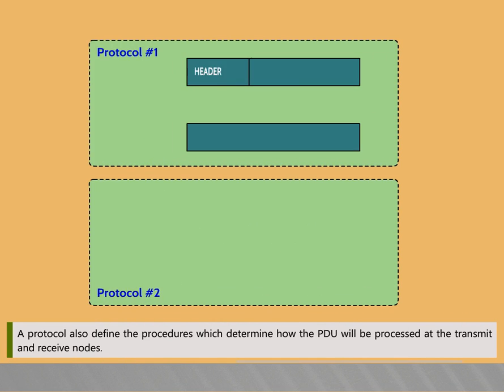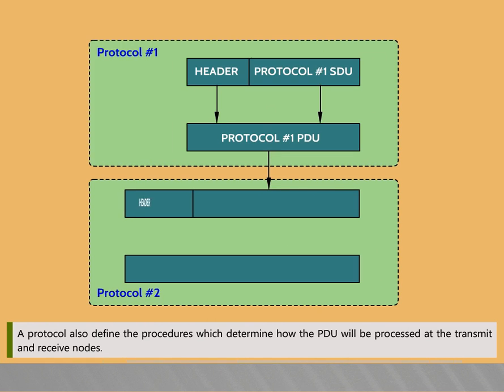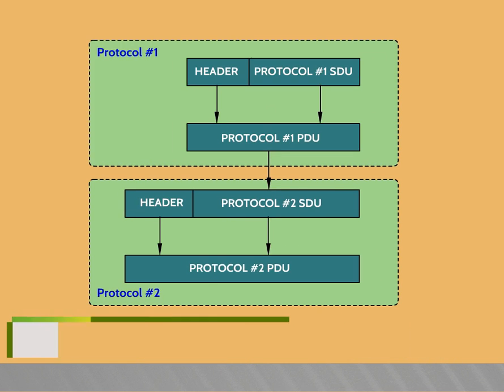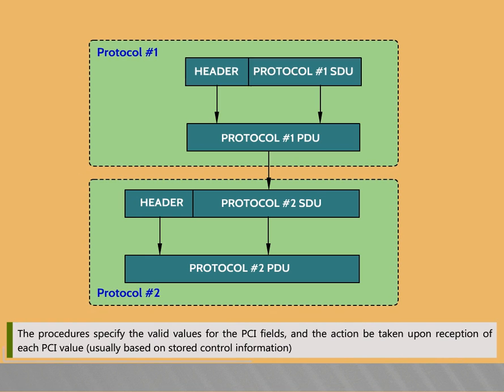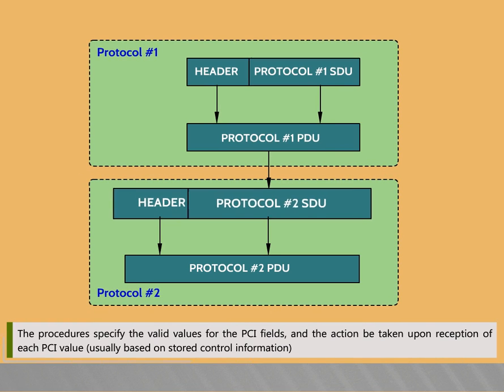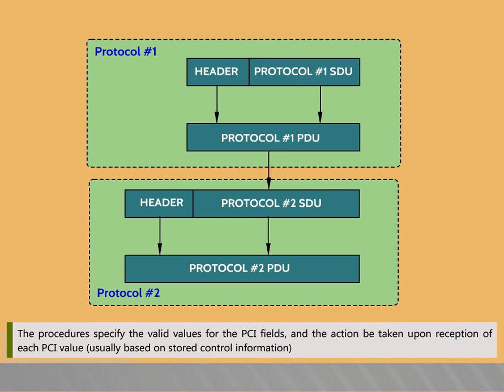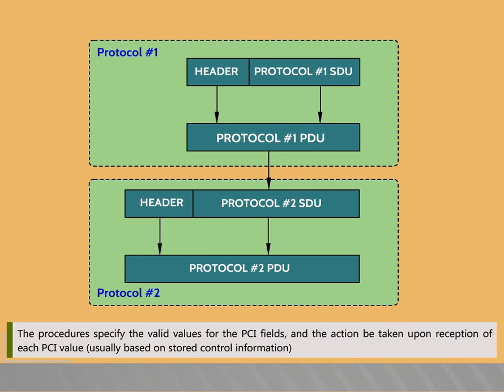A protocol also defines the procedures which determine how the PDU will be processed at the transmit and receive nodes. The procedures specify the valid values for the PCI fields and the action to be taken upon reception of each PCI value, usually based on stored control information.